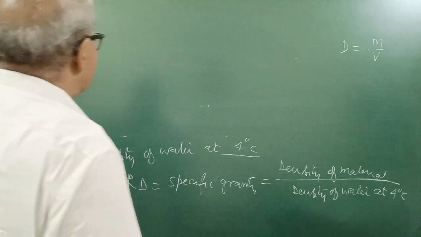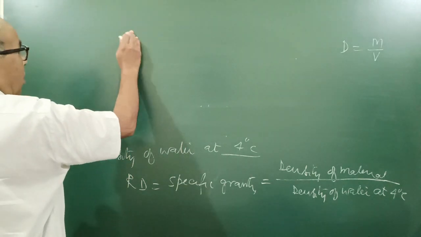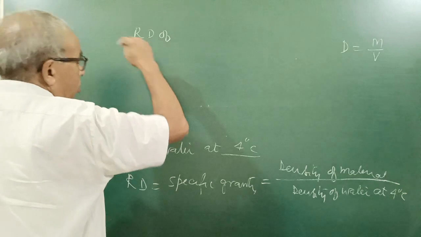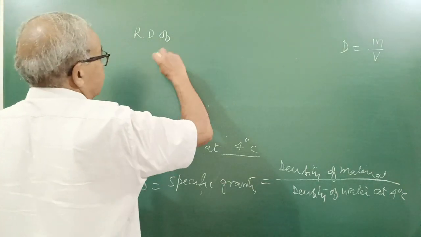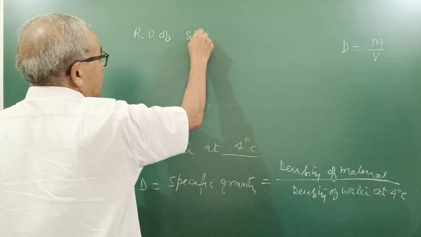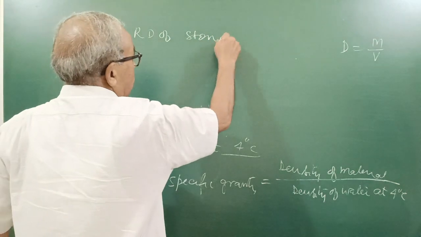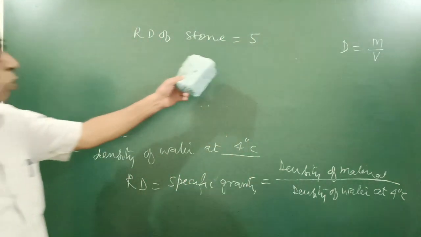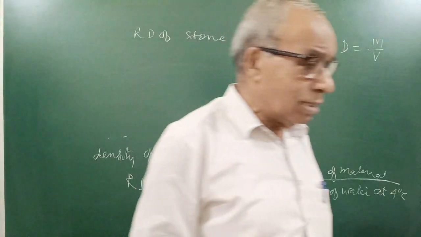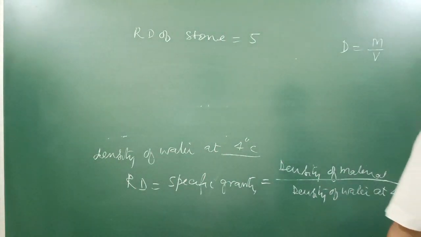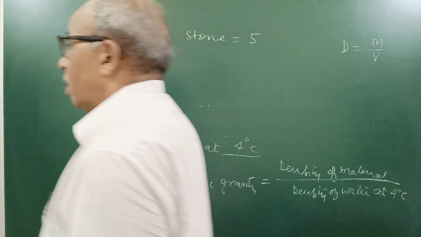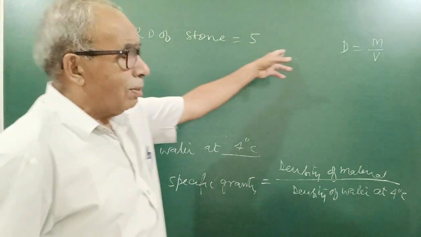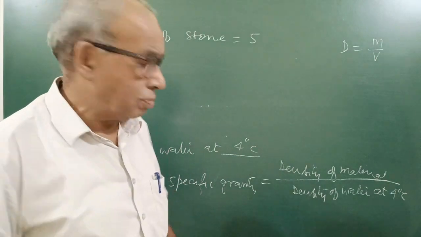For example, if I say RD of stone equal to 5, it means stone is 5 times heavier than water. And if you know RD, then RD multiplied by density of water will give density.